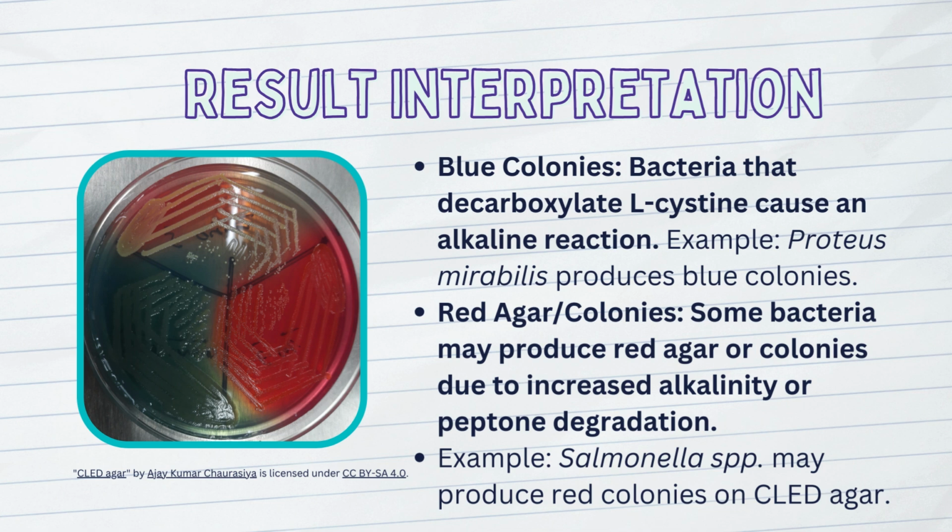For example, Proteus mirabilis produces blue colonies. But sometimes we will see red agar or colonies, because some bacteria may produce red colonies due to increased alkalinity or peptone degradation. For example, Salmonella species may produce red colonies on CLED Agar.